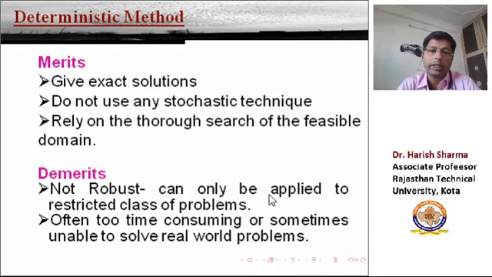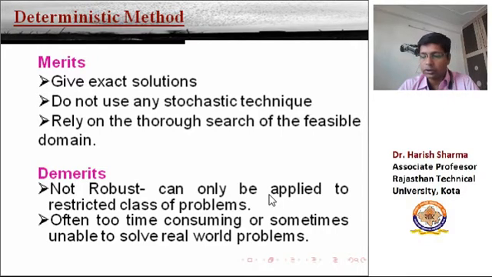But as with the merits, they have some demerits also: they are not robust and can only be applied to a restricted class of problems. It means they require a specific mathematical modeling of the problems, like the problem should be of concave nature, convex nature, continuous nature, and so on.